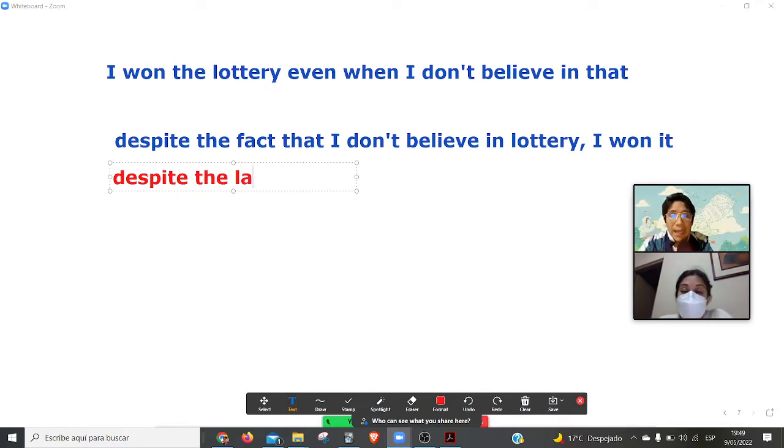No, the lack. Unfaithful es un adjetivo. The lack of confidence, la falta de confianza, porque tú no crees, no porque no ganes, sino que no confías en que vas a ganar. Despite the lack of confidence, ¿qué pasó?